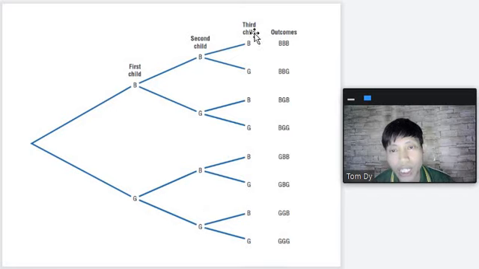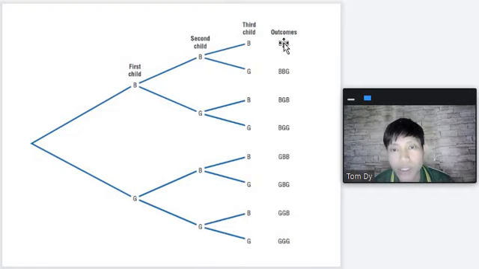Next, the third child. So this boy might result in having a boy or a girl. This girl may have a child which is boy or girl, and then this boy will have a child either boy or girl, and then this girl will have a child either boy or girl.